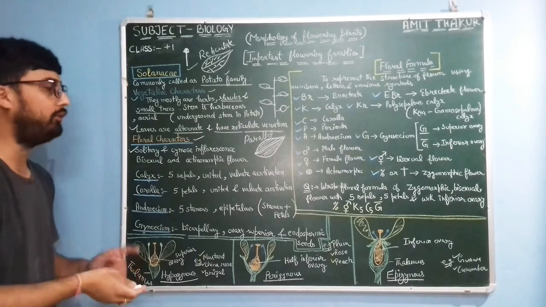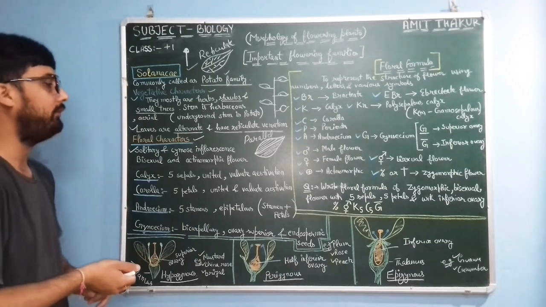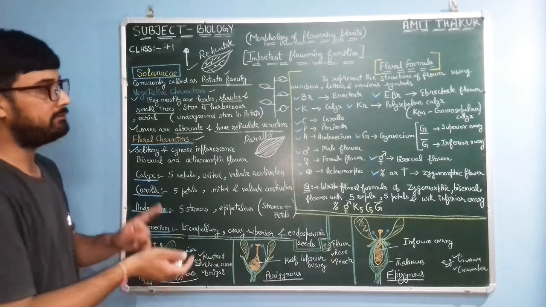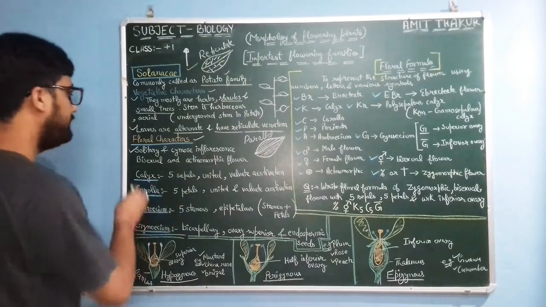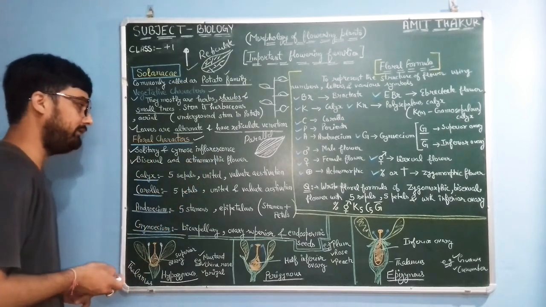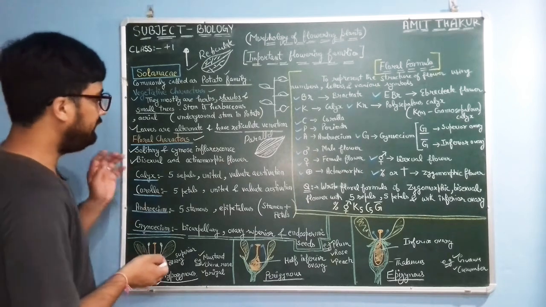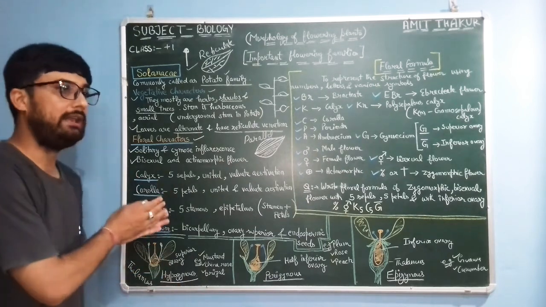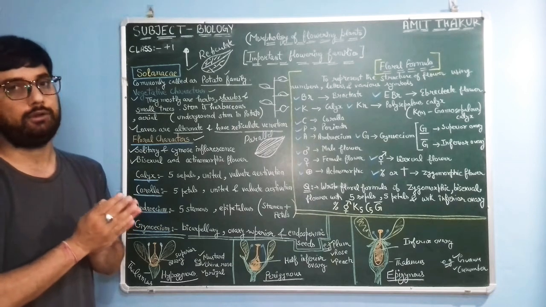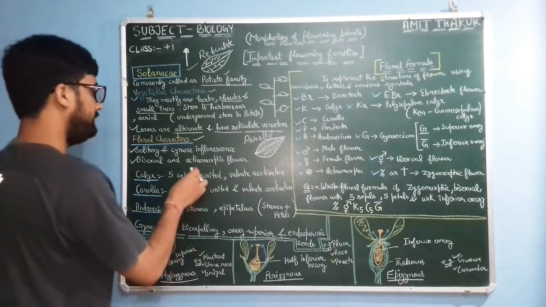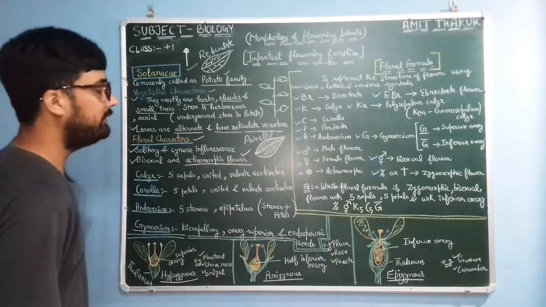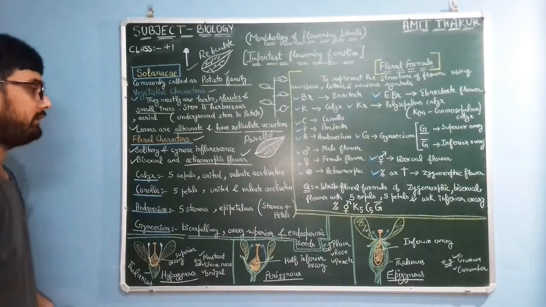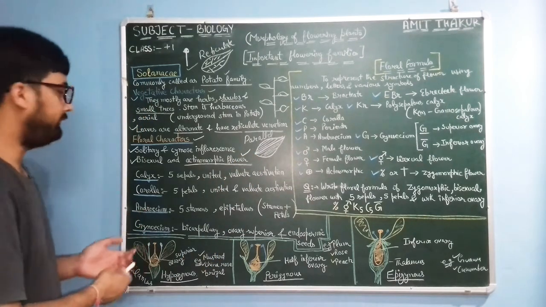We have discussed cymose and racemose inflorescence; you can watch my lecture on the topic inflorescence. They are bisexual, means these flowers possess both male and female reproductive parts, and they are actinomorphic, means radial symmetry.